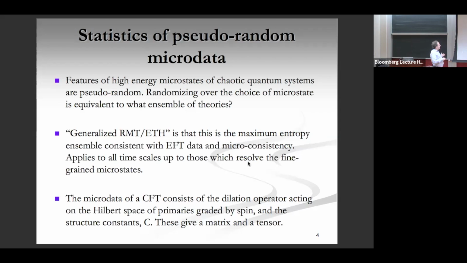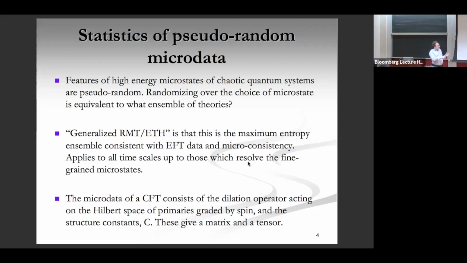And we might say that the generalized random matrix theory hypothesis, or eigenstate thermalization hypothesis, so that it has the largest chance of being correct, is that this ensemble over theories is like the maximum ignorance ensemble of the microdata, compatible with whatever EFT input we have, the long-range correlators that we wanted to match, and micro-consistency.